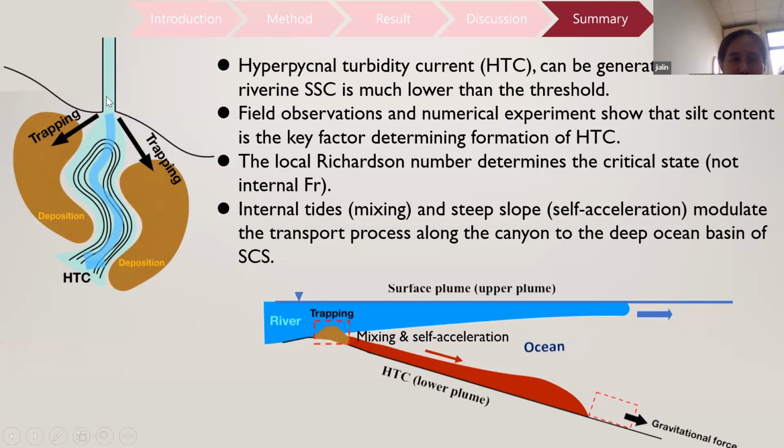But if the river goes directly into the canyon itself, which has a steeper slope and also a confinement effect, it keeps the water with sediment, and the density current carries the sediment downstream to the South China Sea area.